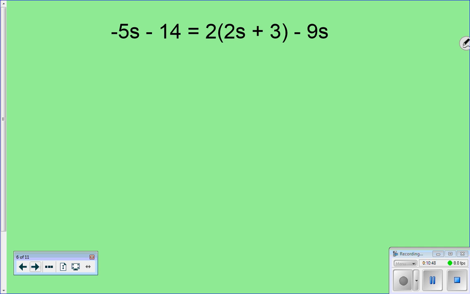Okay, so negative 5s minus 14 equals 2 parentheses 2s plus 3 parentheses minus 9. Looks confusing, but it's not.